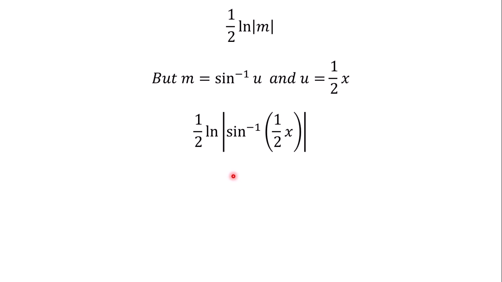Somebody may choose to let u be equal to the whole of sine inverse of 1 over 2 x. Nobody cares, because the person can deal with any algebra that he encounters. Any complex calculation that he will come across, he will be able to do it. The most important thing is to get your final answer at the end of the day.